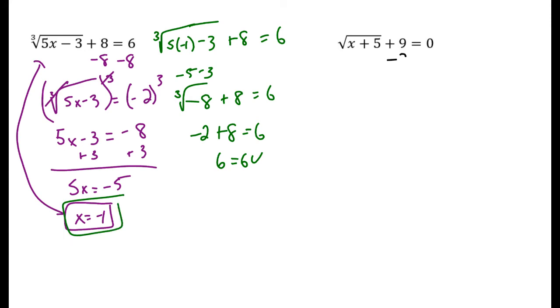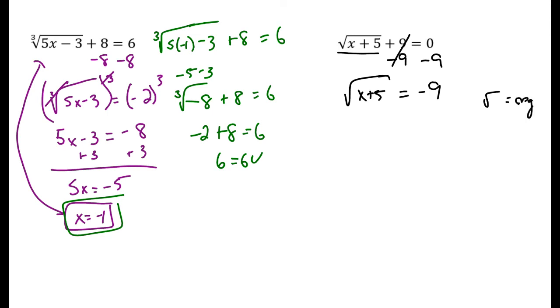And finally, isolate the radical. So I'm going to subtract 9 from both sides and get the square root of x plus 5 equals negative 9. Now, maybe you did keep solving, which is totally okay, and you would get x equals 76. But here's the thing. I have a square root equal to a negative number.